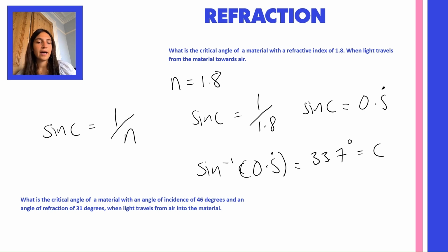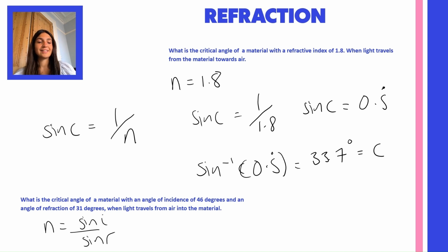Okay, what is the critical angle of a material with an angle of incidence of 46 degrees and an angle of refraction of 31 degrees? Okay, so first I need to use this information to tell me what my refractive index is of this particular material.